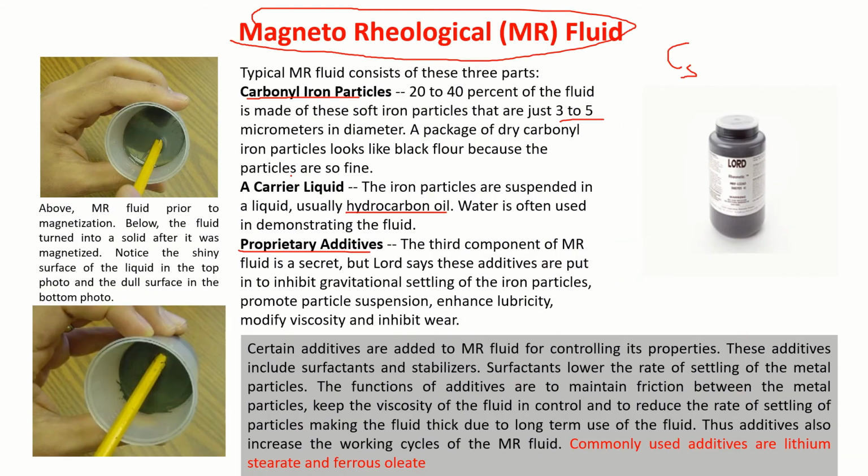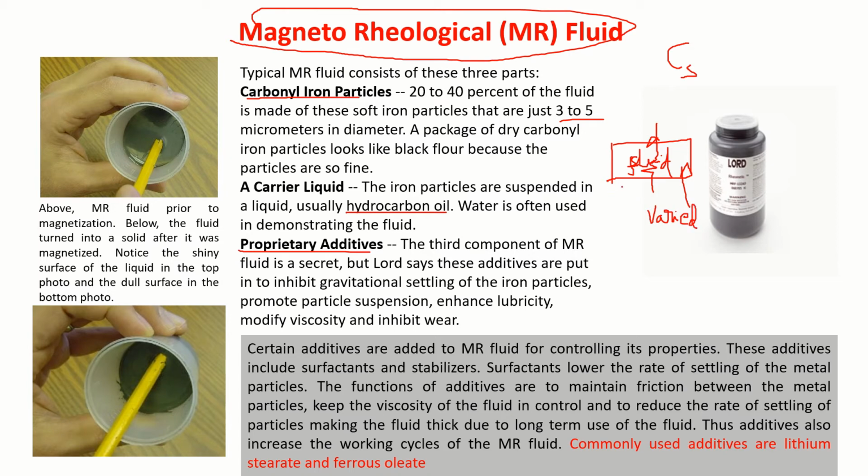Now, what exactly happens is that the viscosity of this fluid can be varied by passing a current. So in this fluid, when we pass the current, its viscosity can be varied. Rheology.